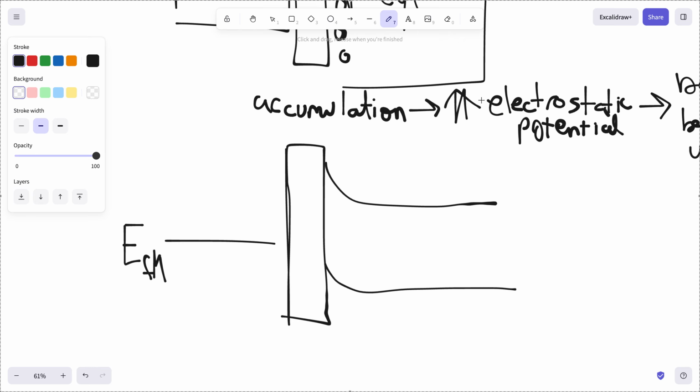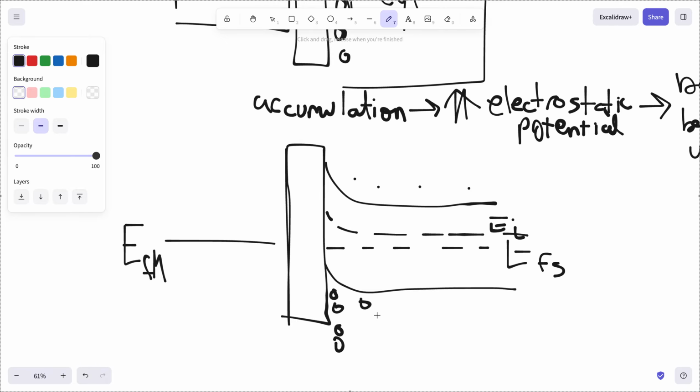And this is due to the increase in the electrostatic potential. Our E sub Fs still remains right next to E sub Fm, but our intrinsic energy level bends with the conduction band and the valence band. And now we have this accumulation of holes at the edge.